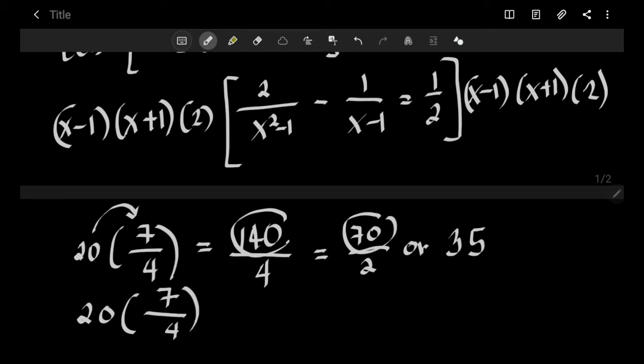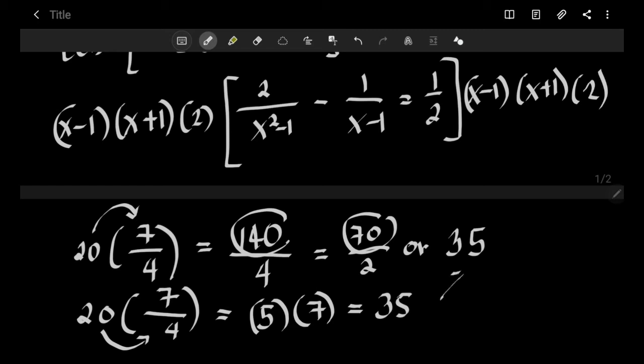I-divide na natin agad since divisible naman na yung ating 20 and 4. So, we have 20 divided by 4, that is 5. So, yung sagot na yon, imumultiply natin dun sa numerator, which is 7. So, 5 multiplied by 7 is 35. So, makukuha pa rin naman natin yung same answer.